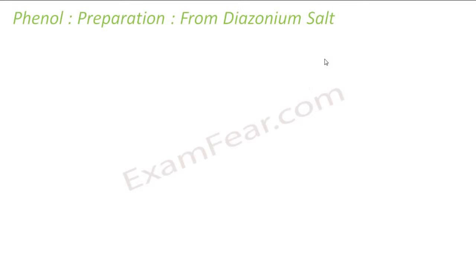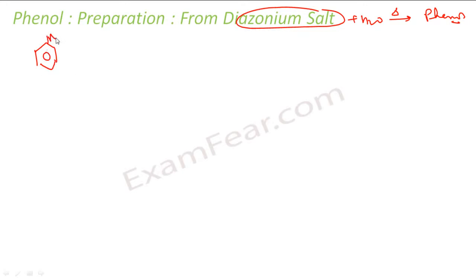The next is from diazonium salt, using steam distillation. So we have this salt, diazonium salt. What we do is we take this water, we heat it, and we get phenol. I'll show you the reaction. I have this diazonium salt, this N2Cl, and you take this water, you heat this, you get phenol.